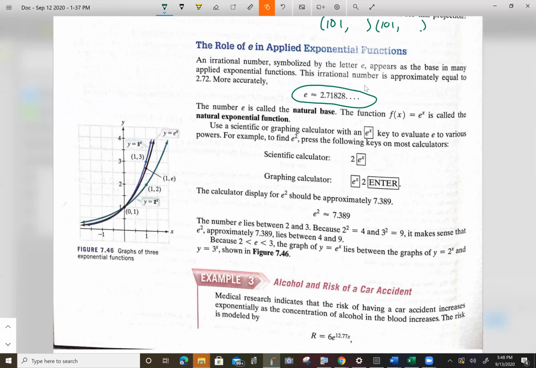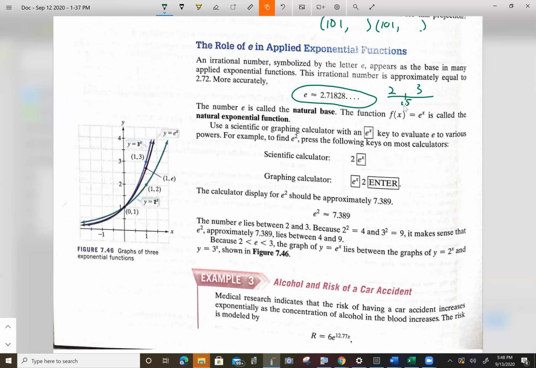We know e is in between 2 and 3. But 2.71828, we can't narrow it down enough because it goes on forever. We can estimate where it is, but we can't find it.